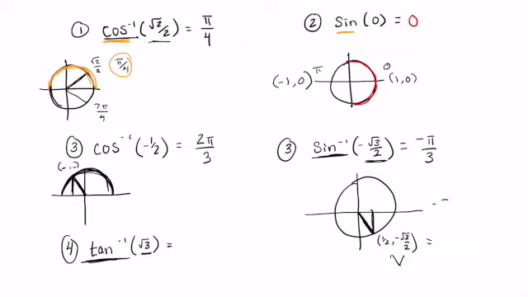I know that on the unit circle, I get the value of √3 over 2 right here at pi over 3. And so we are going to write in pi over 3. And that's it. Tangent's a little weird. Check out my video on tangent within the unit circle for more questions on that one.